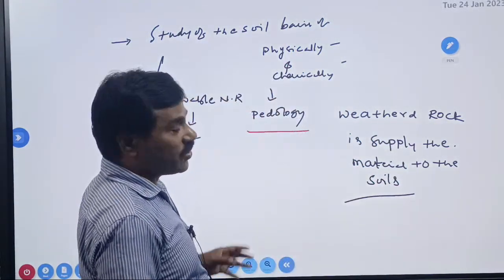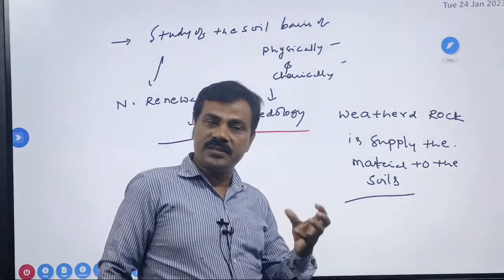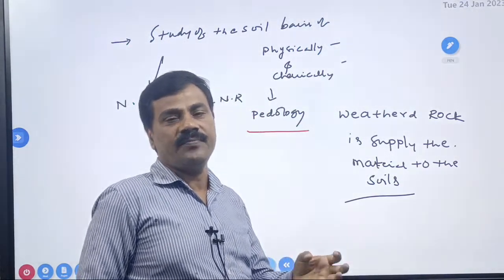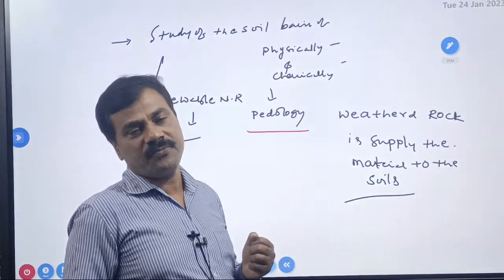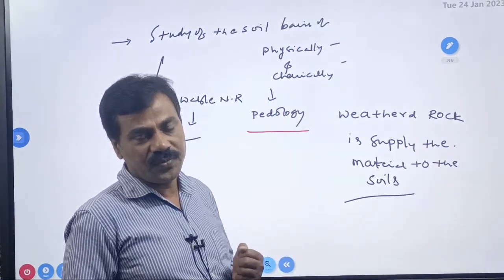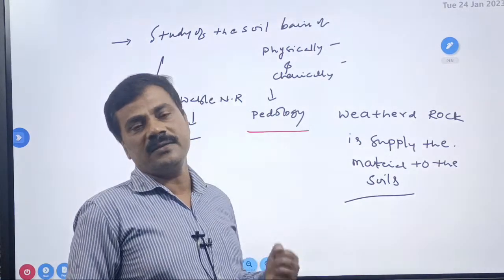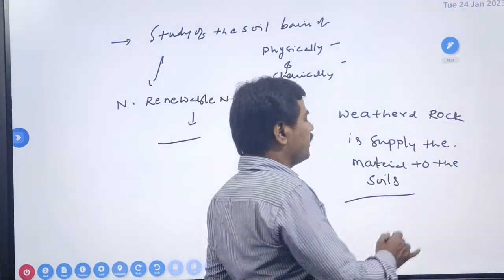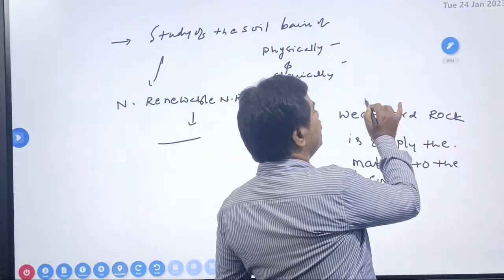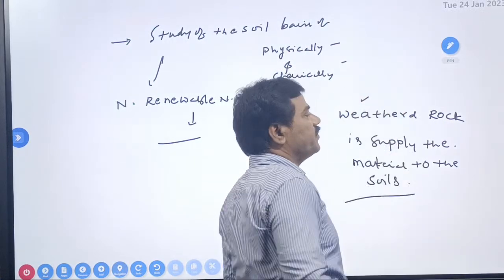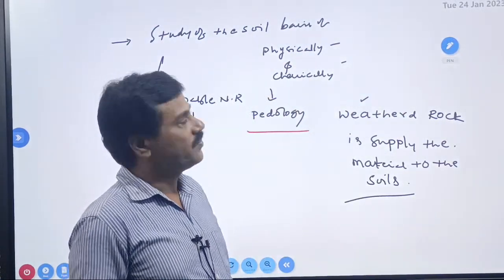The soil material, the upper layer of the soil's thickness on the earth's surface, is supplied by weathered rocks.